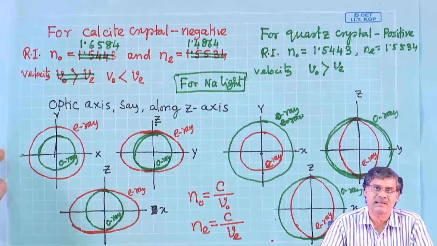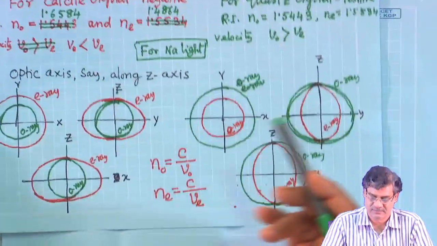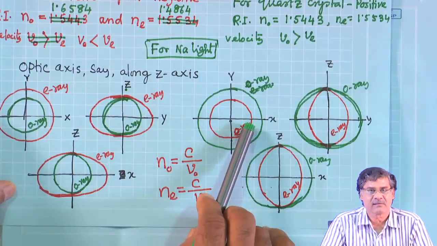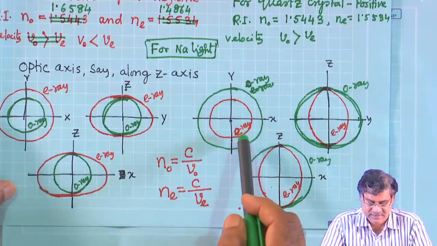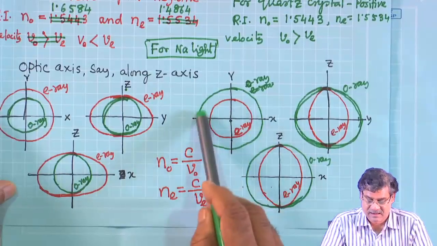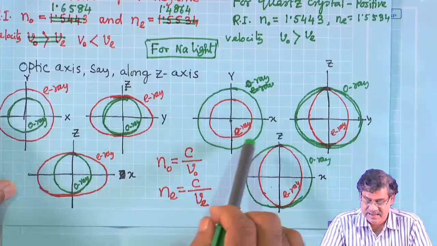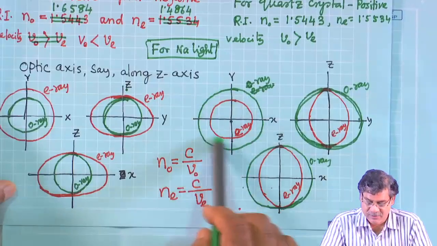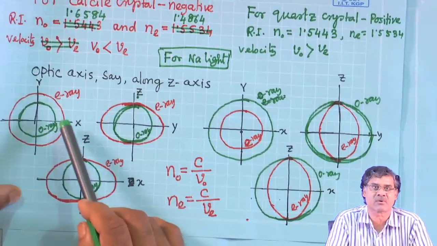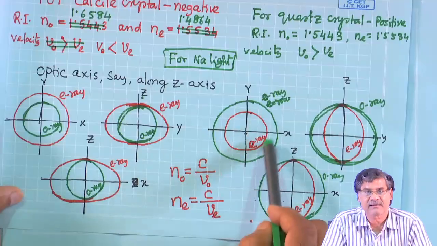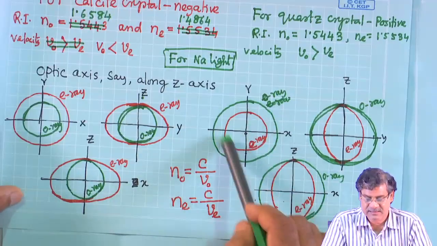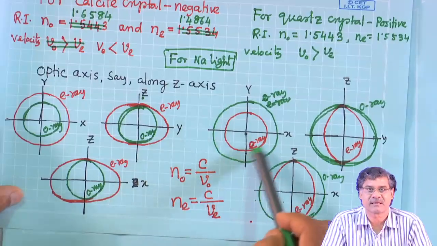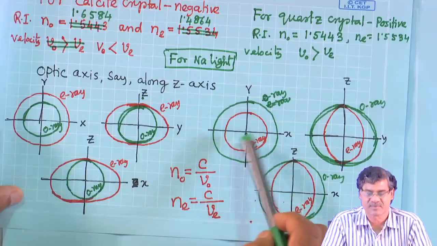So, if you consider the quartz crystal, it will be just the reverse, right. So, again in the case of quartz crystal, only this you are seeing the change, this one: now the velocity of E ray is less than the velocity of O ray, right. Now, this red one is inside, the red one was outside, that is for E ray. So, now for E ray this sphere or circle is inside, and for O ray the green one is the outside, bigger circle, bigger sphere, right.